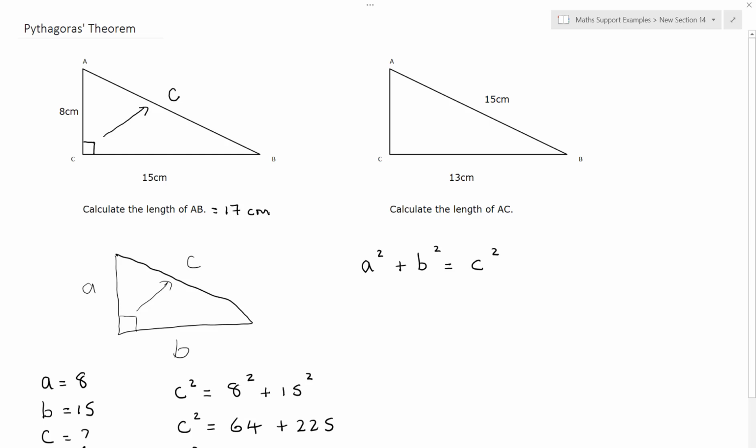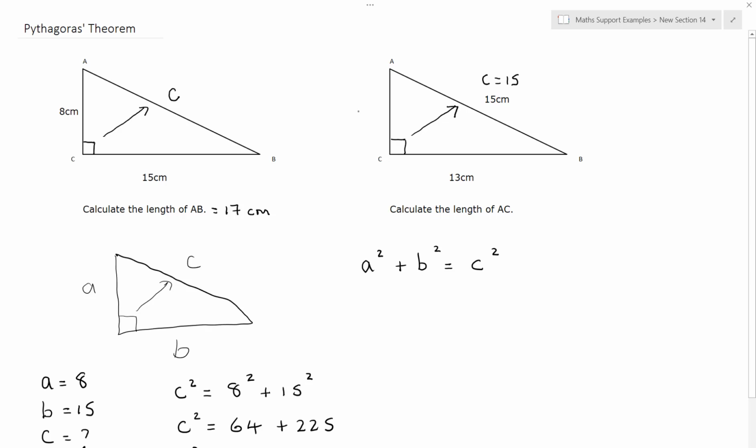Let's take this second example. AC is our unknown. We have a 13 centimeter line for BC, and AB is 15 centimeters. If we draw in our right angle again, the one opposite, you should recall, is a hypotenuse, so we can see that C is equal to 15.